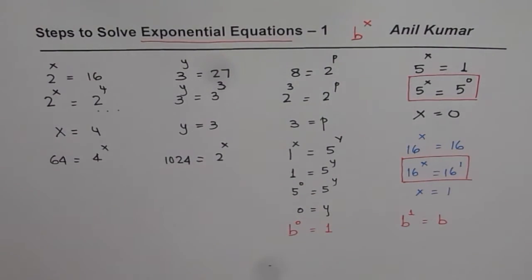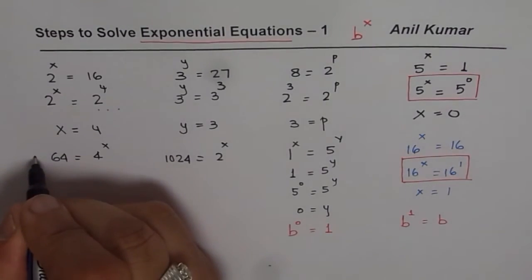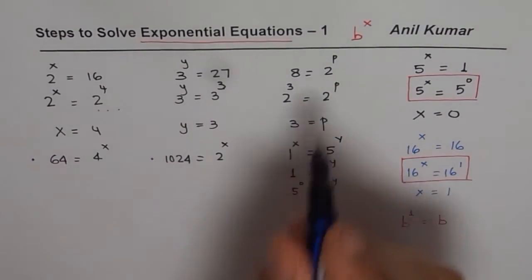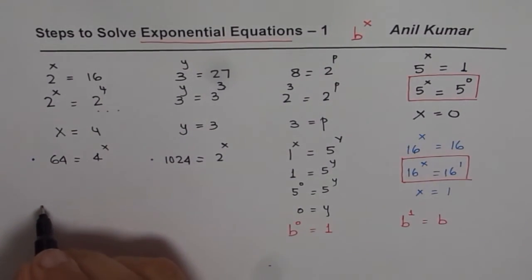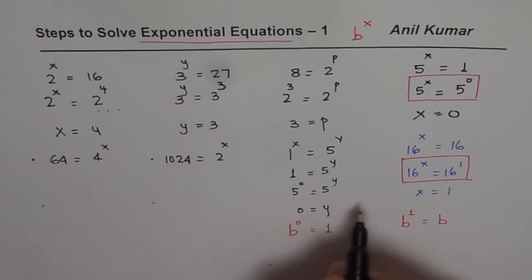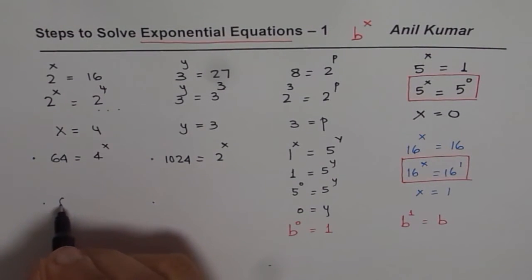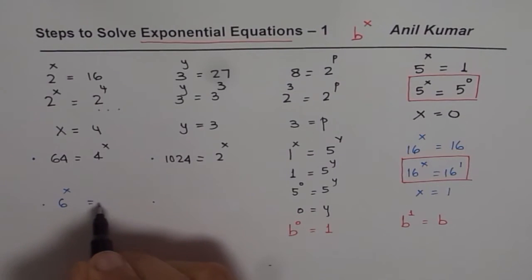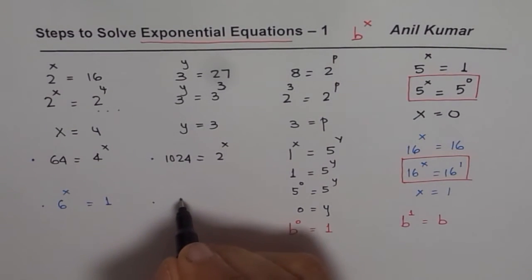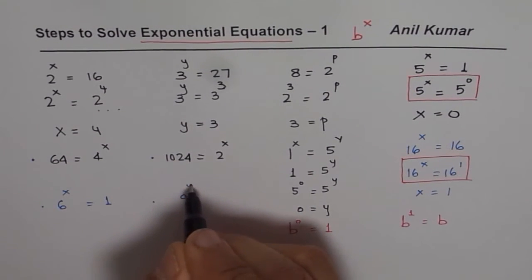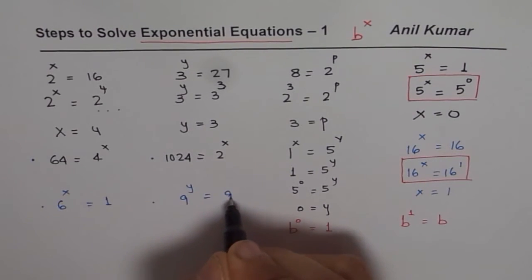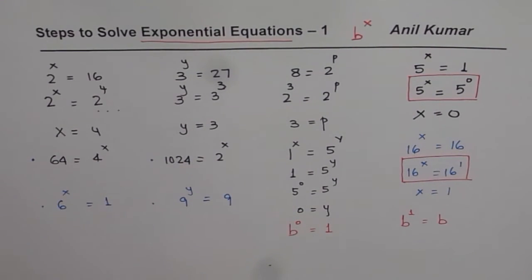So these are your practice questions. Try to solve these two questions, adopt this strategy which we have learned, and two more based on the tricks which we learned, and that is 6 to the power of x equals 1, and 9 to the power of y equals 9, right? So find x and y in this case.